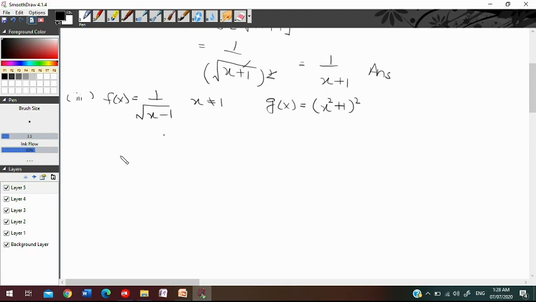For this part, I will solve f naught f of x. f naught f of x is equal to f of f of x.